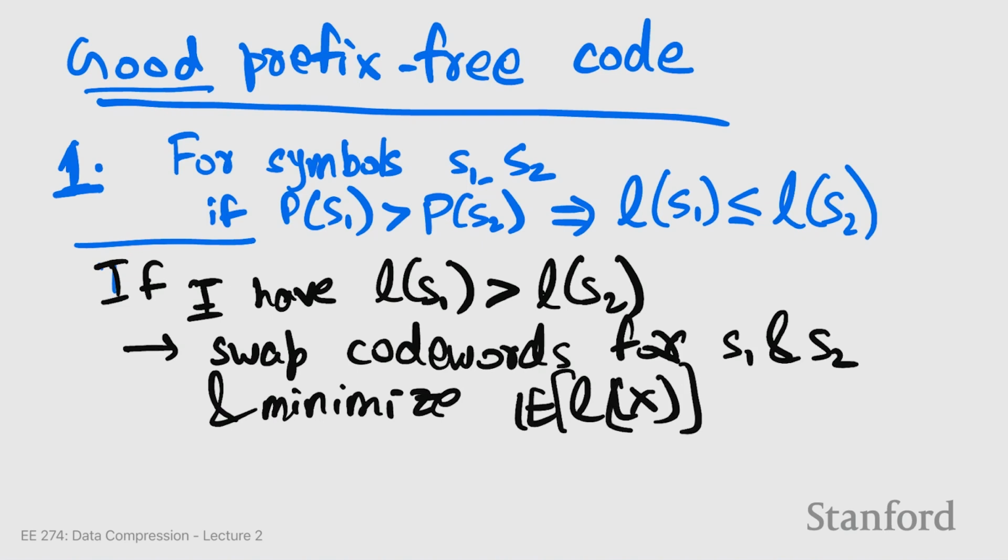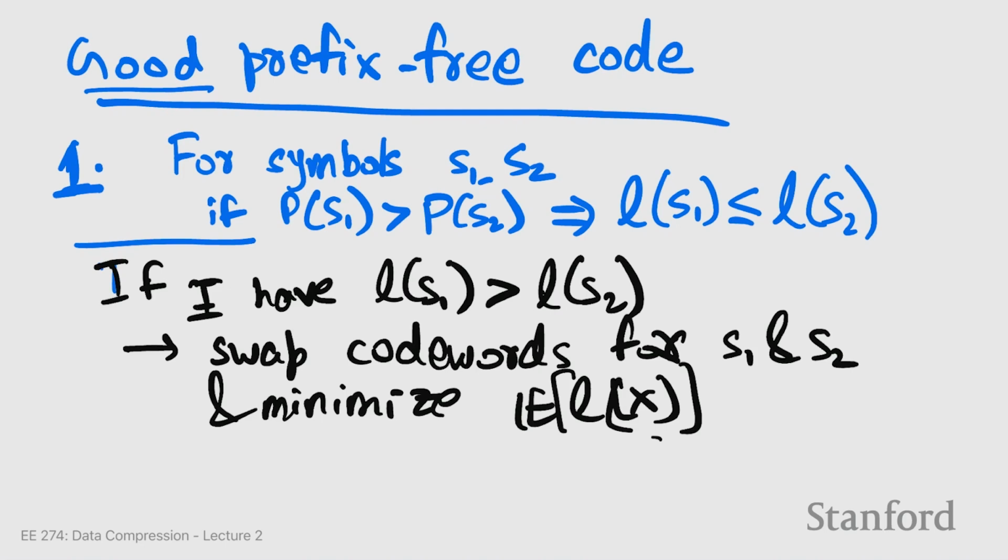Right, so if you gave me a bad code which has the lengths in the opposite order of the probability, I could just swap them around until increasing probability means decreasing code length, and I will strictly get a better expected length. So we basically proved this property with this one line of argument.